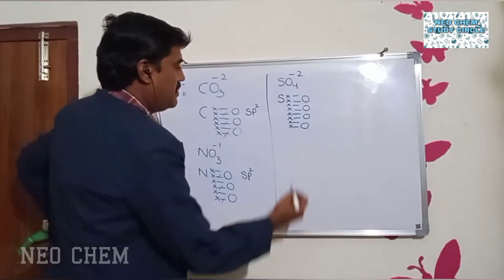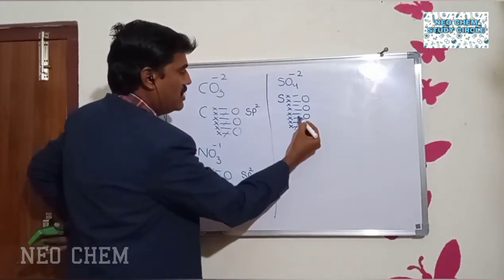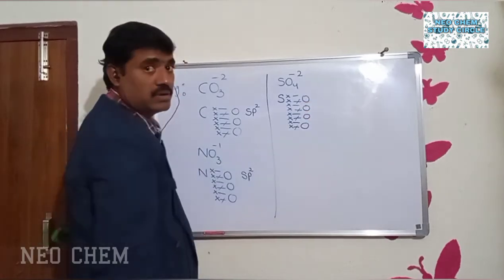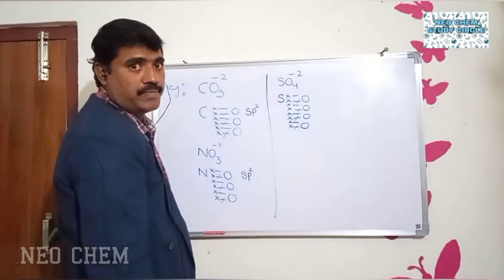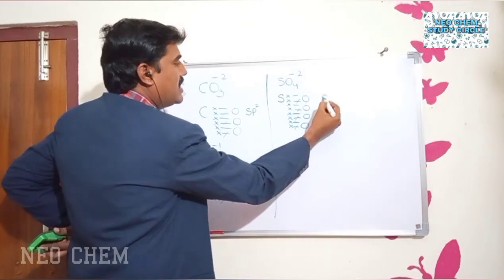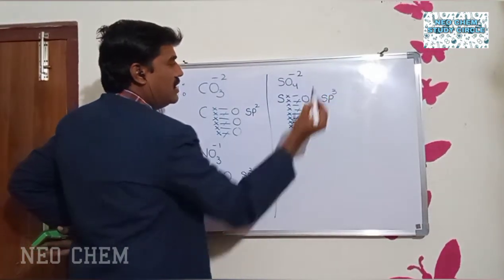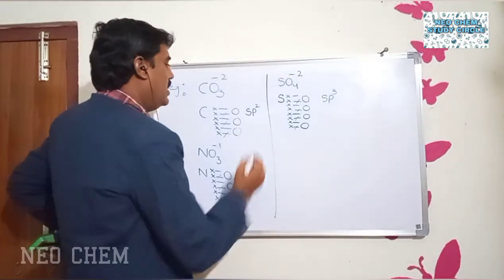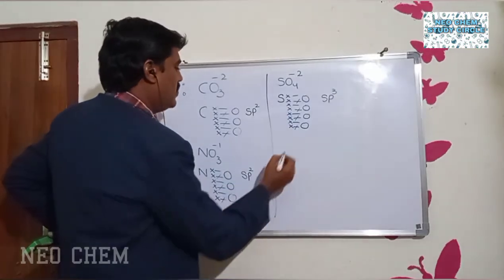So the total number of sigma bonds is 1, 2, 3, 4. So the hybridization containing 4 orbitals is sp3. Okay, now let us take one more example.